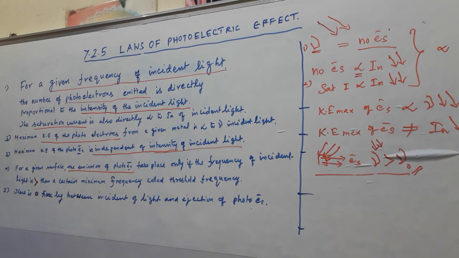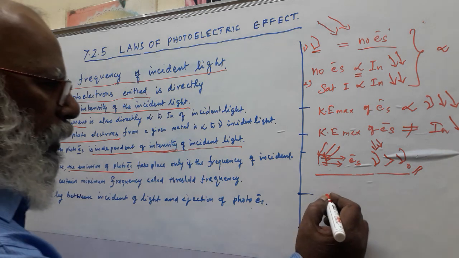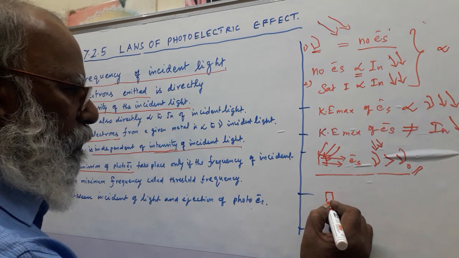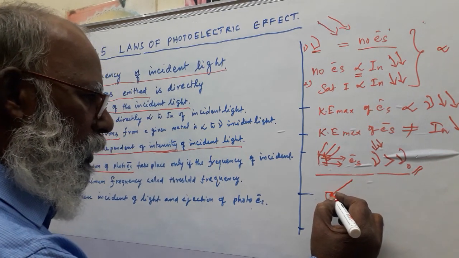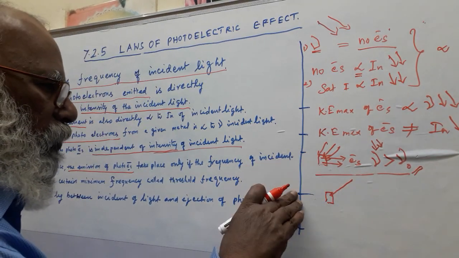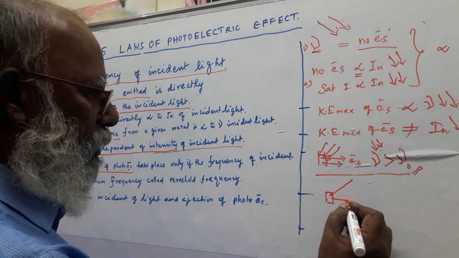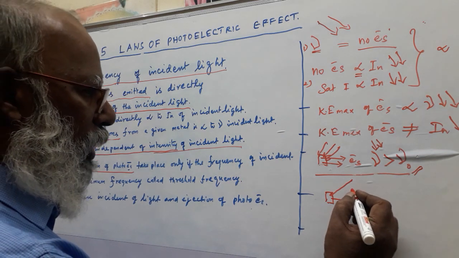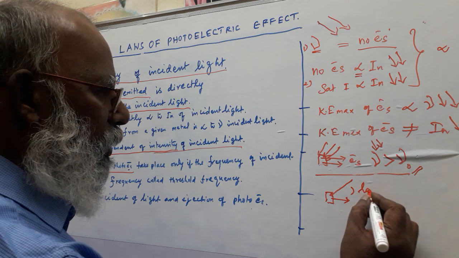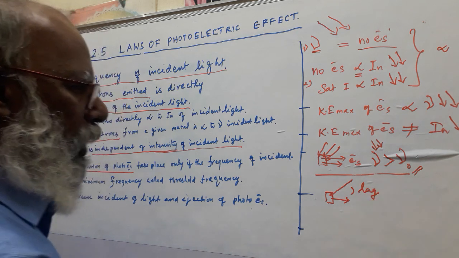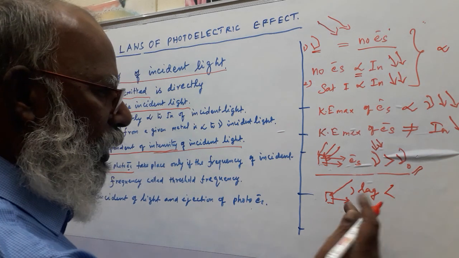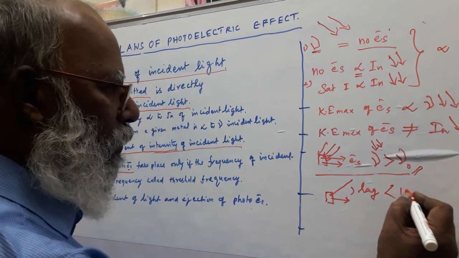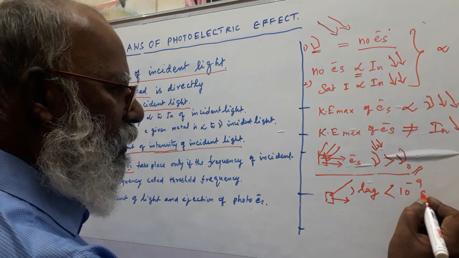If you consider any metal or any surface of metal, the incident ray which hits the surface will take some time, then eject the electrons. So this lag means it will take some time, and the lag is less than 10 power minus 9 second.